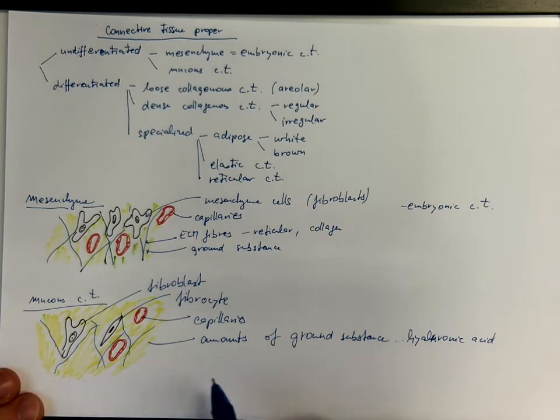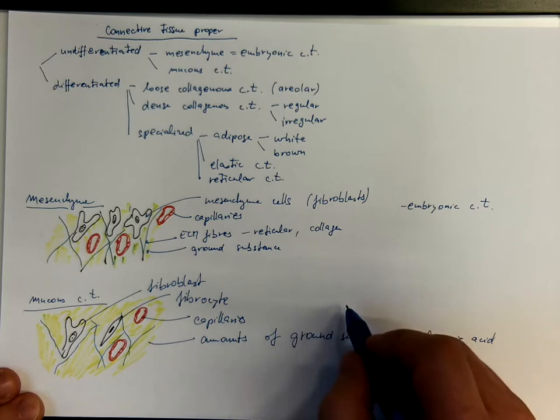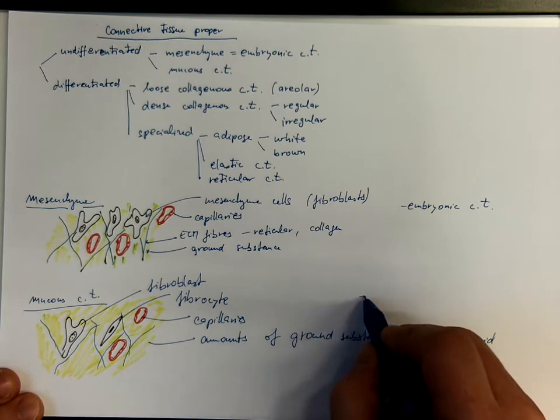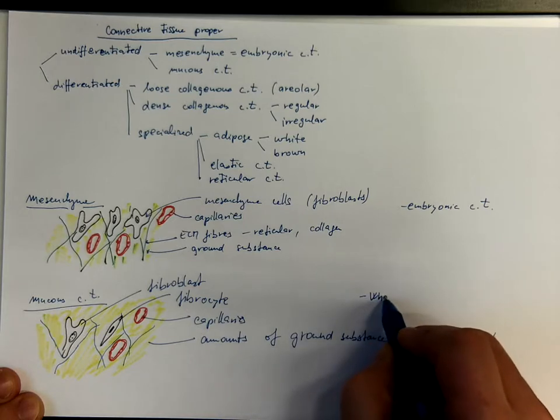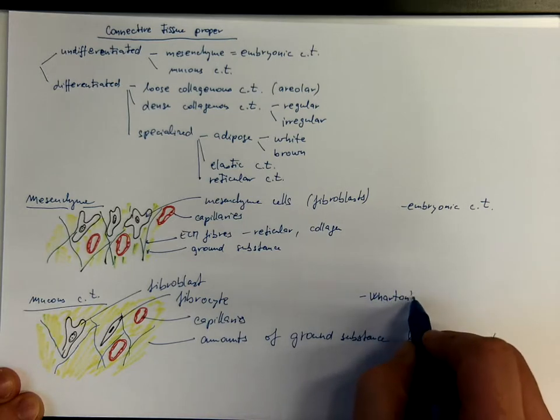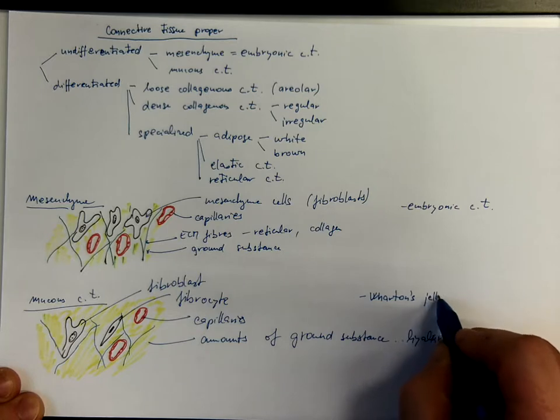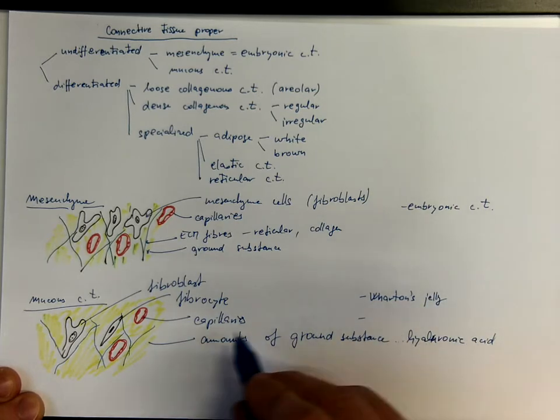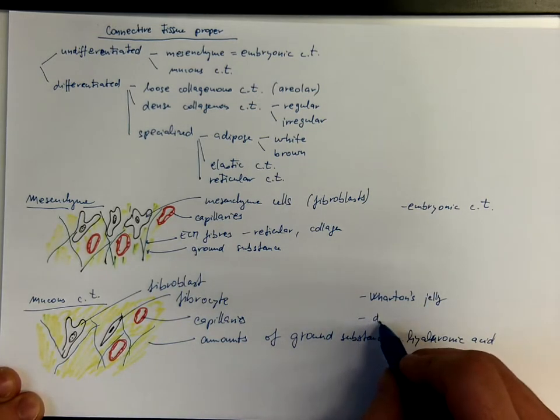You can find this mucous tissue surrounding the umbilical arteries and umbilical vein in the umbilical cord. That's where you call it Wharton's jelly. And you can find this type of connective tissue in dental pulp.